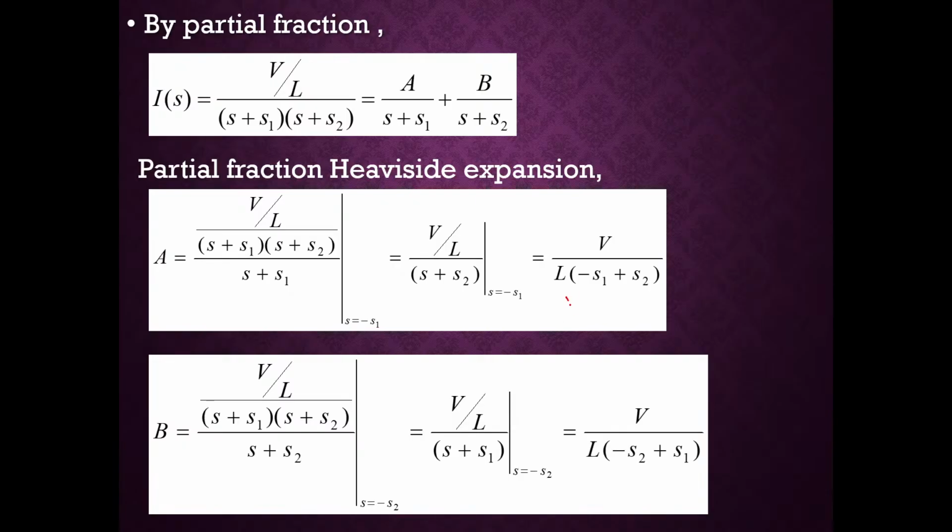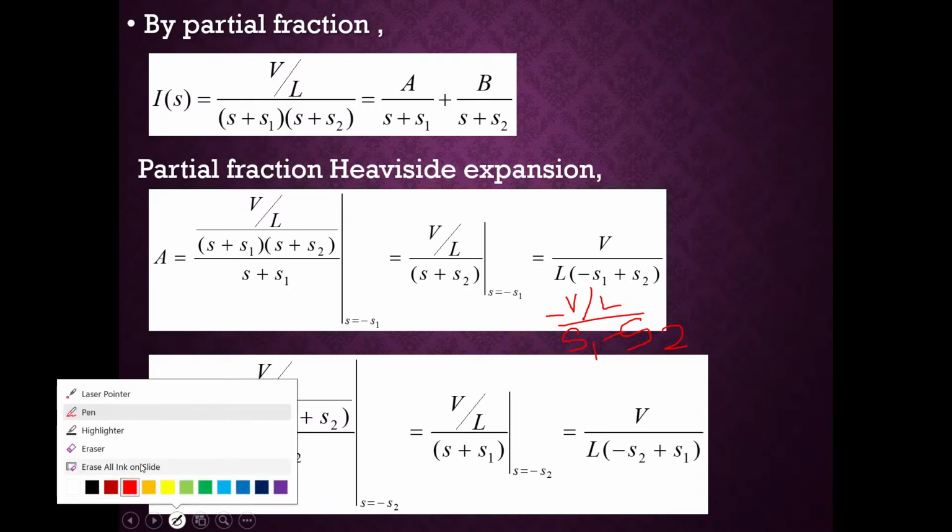You can write it as V by L divided by, yes, you can take minus common, isn't it? Minus V by L by S1 minus, you can write like this also. Okay. So similarly, you can determine B value.